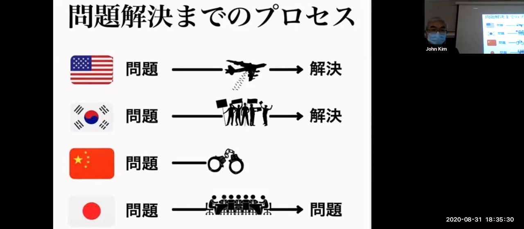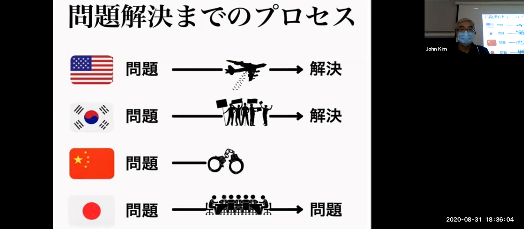This one is from a Japanese kind of joke. This is a Chinese character, but this is a Japanese character. So in the United States, if there is a problem, this in Chinese characters means problem and bombing using force.